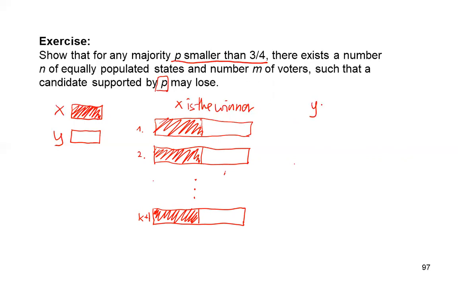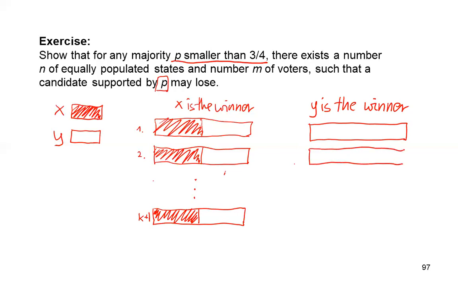Now, Y is the winner in those states. And Y wins all the votes in those states, k plus 2, k plus 3, and now 2k plus 1. So why is the winner in exactly k states?